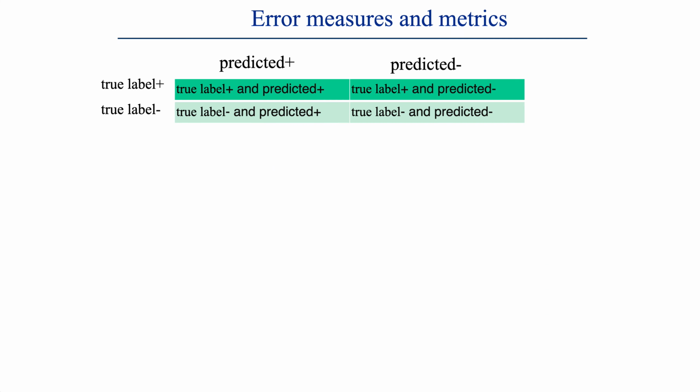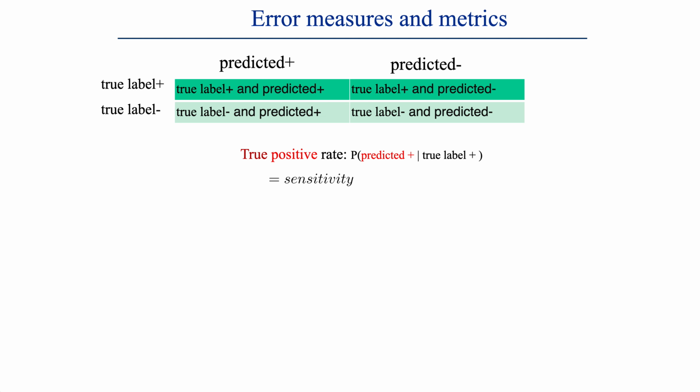So that is our true positive rate. It is the probability that we predicted something to be positive given that it's a true label. Okay, so we take the counts in this cell here and divide it by the total number of true labels, which is the entire row.